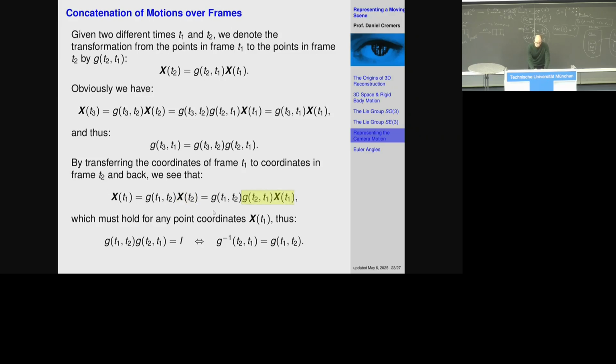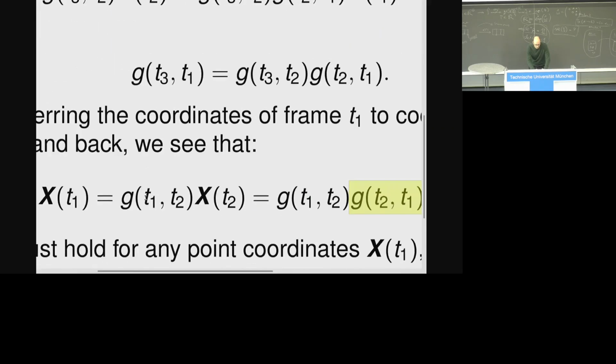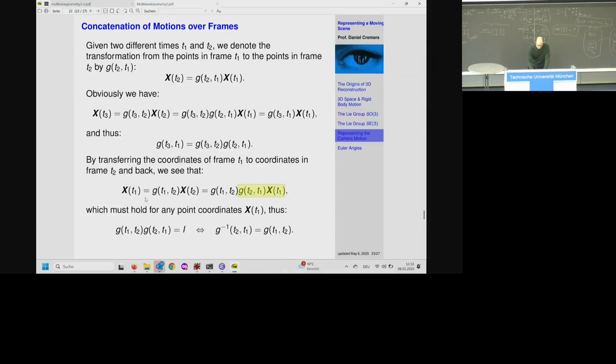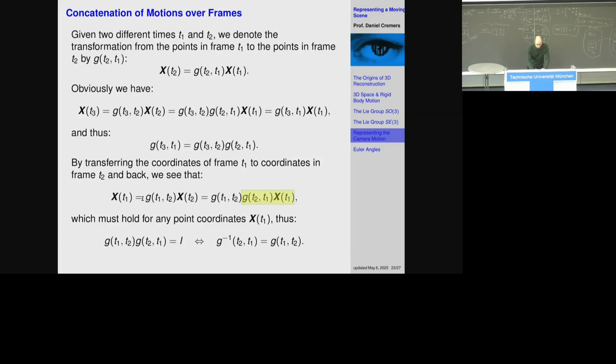And since this should hold for any point x in the coordinates of the first image, we can read off that g_t1,t2 times g_t2,t1 should be the identity.